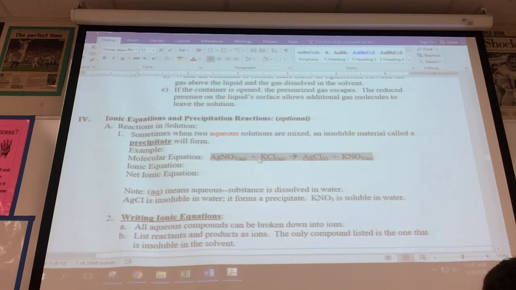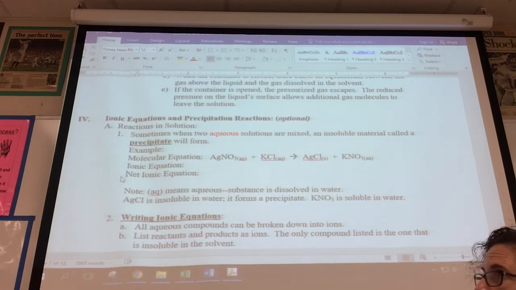However, it is more appropriate to write this equation as a net ionic equation rather than as a molecular equation. First of all, you have ionic compounds, metal, non-metal. And I'll walk through this long way of doing it, and then I'll show you a shortcut that I feel you'll be very successful with.